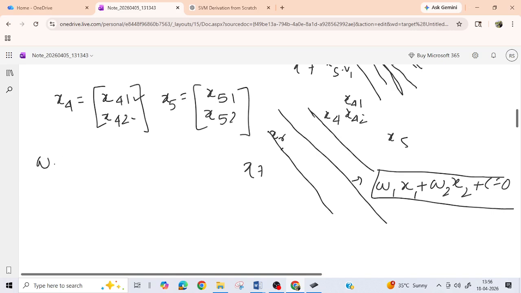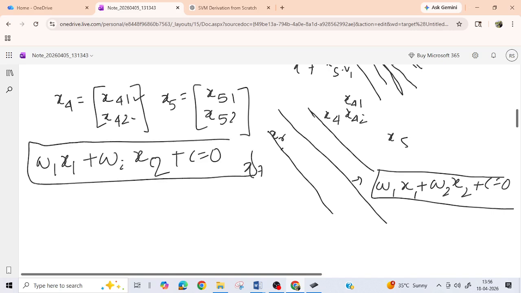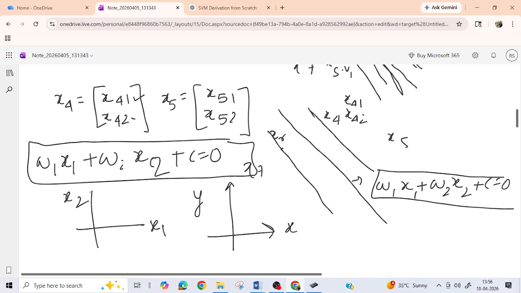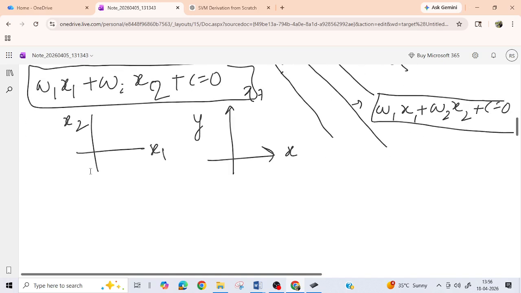When I'm saying w1 x1 plus w2 x2 plus c equal to 0, it essentially means nothing but ax plus by plus c equal to 0. The only difference is that in ax plus by plus c we considered x and y to be perpendicular like this. In this scenario we have x1 over here and x2 over here. And why I'm writing this, because I'll be writing in matrix notation, so this line becomes w transpose x. And how does that transform into w1 x1 plus w2 x2 plus c?